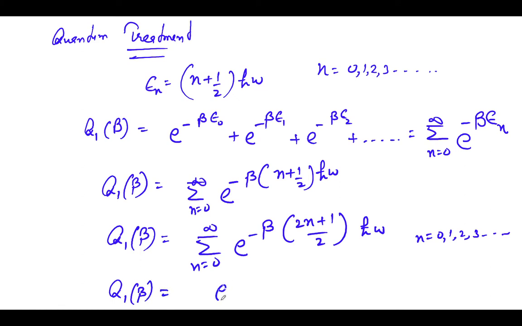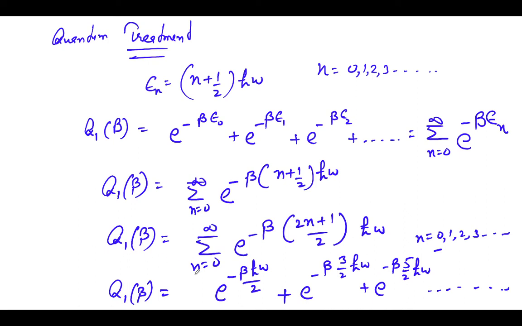Let us write it by putting the value of n from 0 onwards. So it is exponential of minus beta h bar omega by 2 plus exponential of minus beta 3 by 2 h bar omega plus exponential of minus beta 5 by 2 h bar omega, and so on.